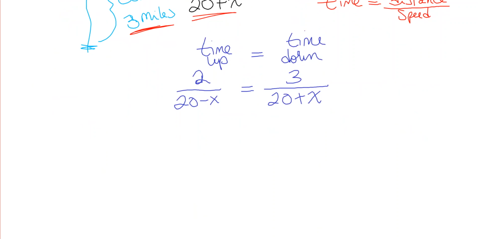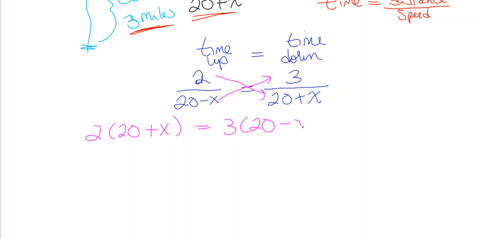Hopefully you recognize this as a situation where you know how to solve it. I got two fractions that are equal. That means I can cross multiply. So I'm going to multiply these two and set them equal to multiplying those two. So I'm going to have 2 times 20 plus x is equal to 3 times 20 minus x.